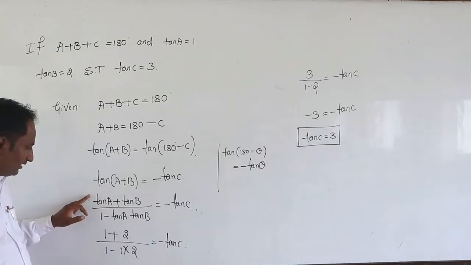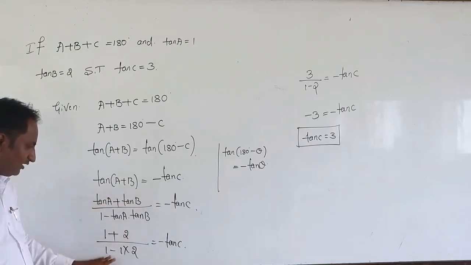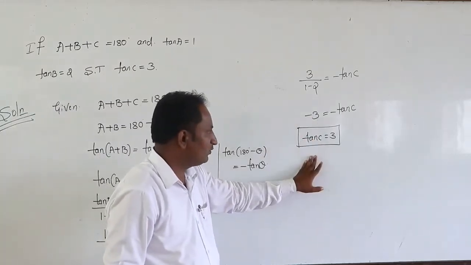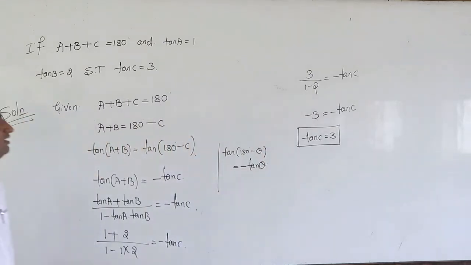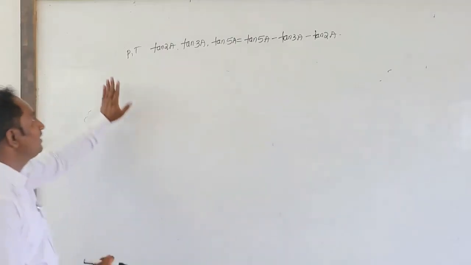Then applying tan a value and tan b value, we get tan c is equal to plus 3. We get the result. A simple problem, another one.